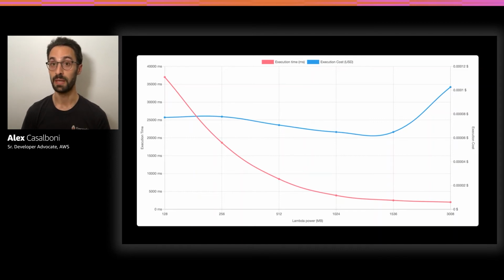The interesting bit is that sometimes, while the execution time improves, the cost is pretty flat, and sometimes it's even decreasing, like in our prime numbers example here. So there is no reason to not use more power or memory, right? We can be faster and cheaper at the same time. I believe this is quite a game changer for a lot of use cases, especially, again, if you have a CPU-bound workload.